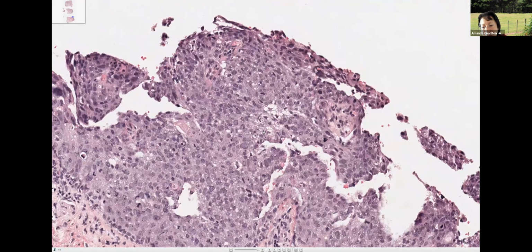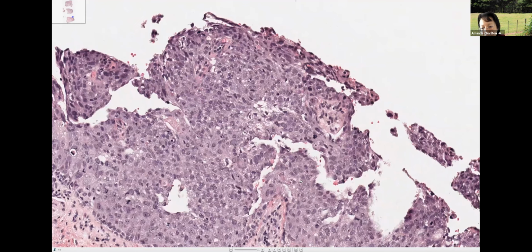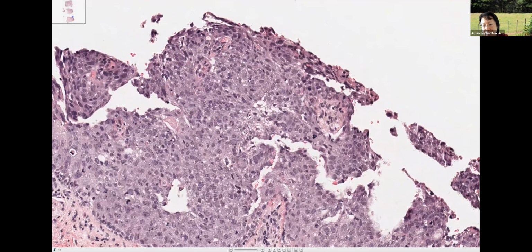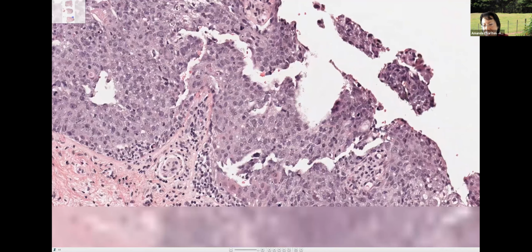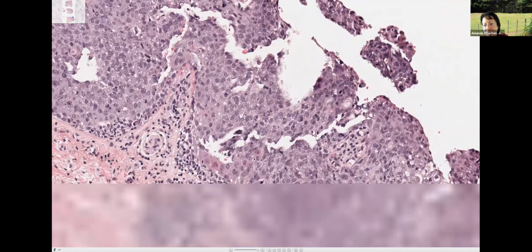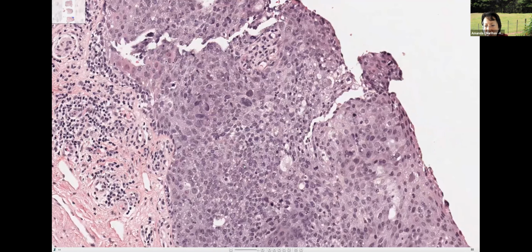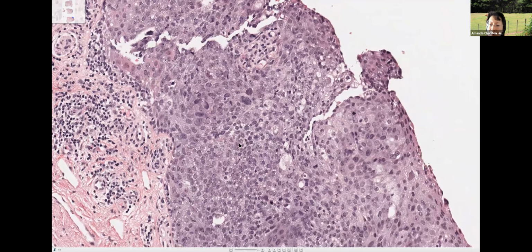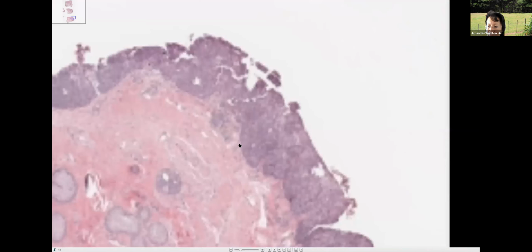I want to determine the line of differentiation, because I don't see any squamous whorls or pearls yet, but I wonder if this might be sebaceous differentiation with those little dots. And I'd be going around to the eyelid margin where I saw that thickest part, because I want to know where the epicenter of this tumor is.